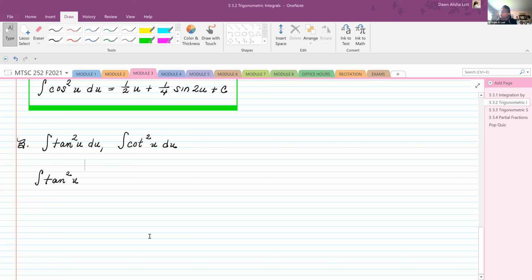Okay, so the integral of tangent squared of u du. Well, we're going to write tangent squared as secant squared u minus 1 du. Okay, because remember we said tangent squared of u plus 1 is equal to secant squared of u, and cotangent squared of u plus 1 is cosecant squared.